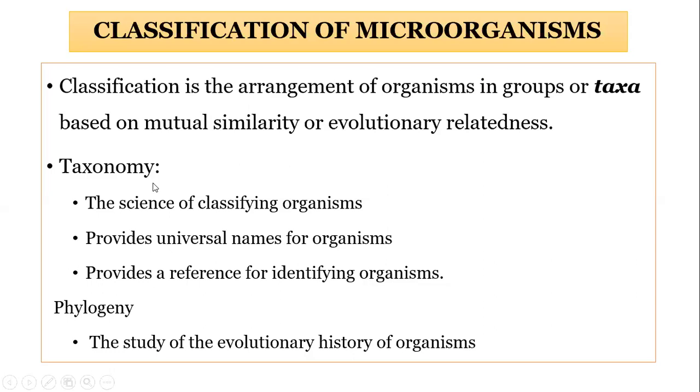Taxonomy is the science of classifying organisms, and this provides universal names for organisms, and it provides a reference for identifying the organisms. And phylogeny is the study of evolutionary history of organisms. It's known as phylogeny.